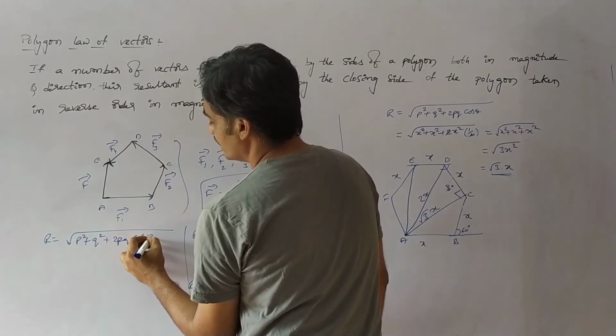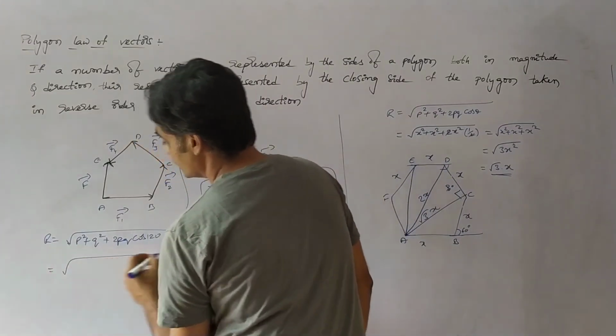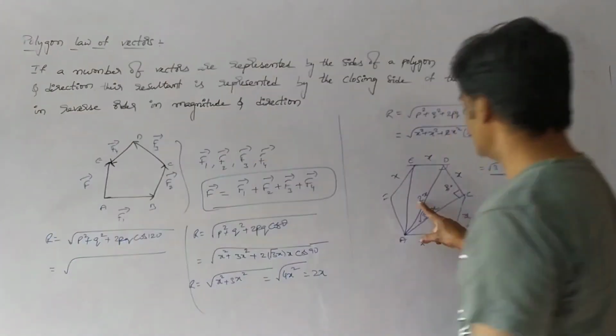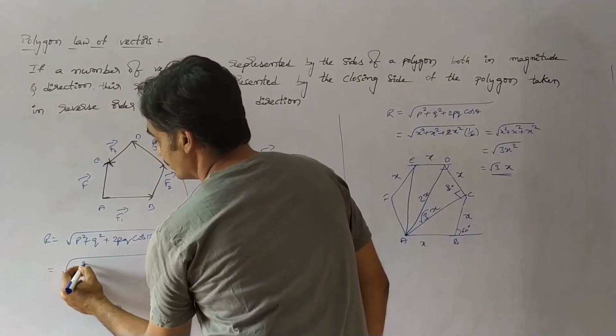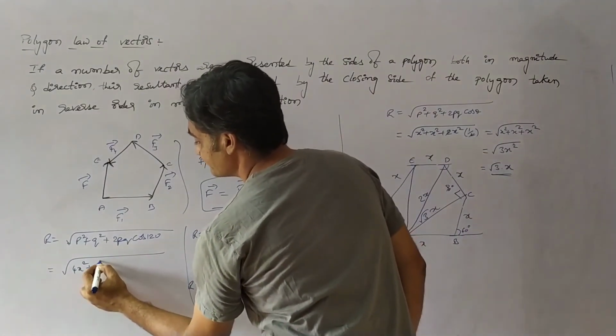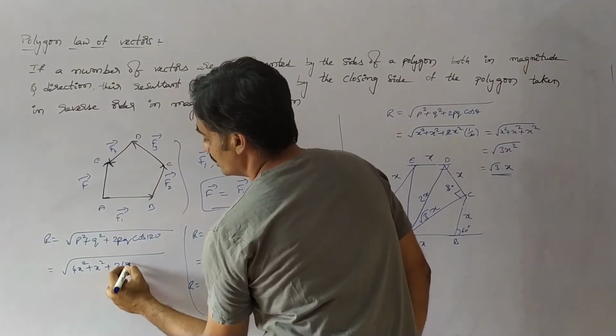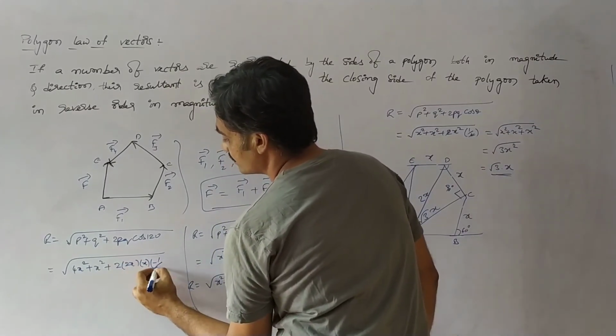We know that cos 120 is minus 1 by 2, and if we substitute all these values, 2x whole square is 4x square, plus x square, plus 2 into 2x into x into minus 1 by 2.